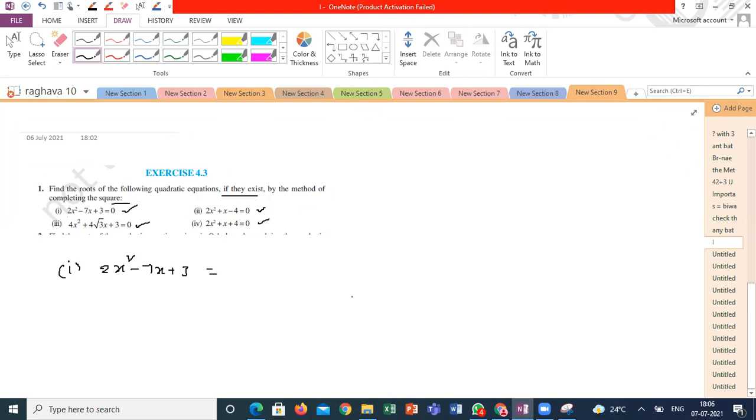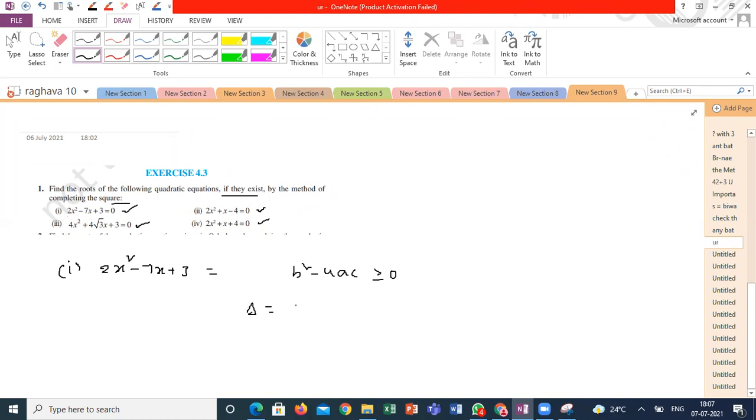Vaishnavi, we did this question yesterday, completing the square method. Yesterday we did it or not? Yes, sir. So b square minus 4ac must be greater than or equal to 0.